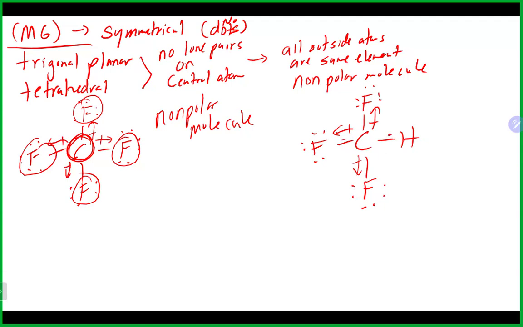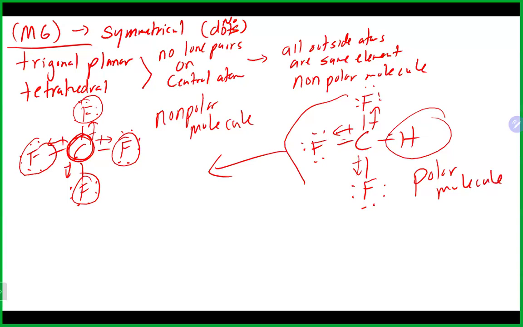But what we now have in this case is three guys on this side pulling this way, and nobody over there going in the equal opposite direction, which means we're going to have a tug of war: three people pulling on the rope one way, one guy hanging on for life on the other way. He's going to end up in the mud, right? So it's going to go from a nonpolar molecule like it was on the left to now a polar molecule because we're going to have unequal sharing of electrons. So this guy over here would be a polar molecule.